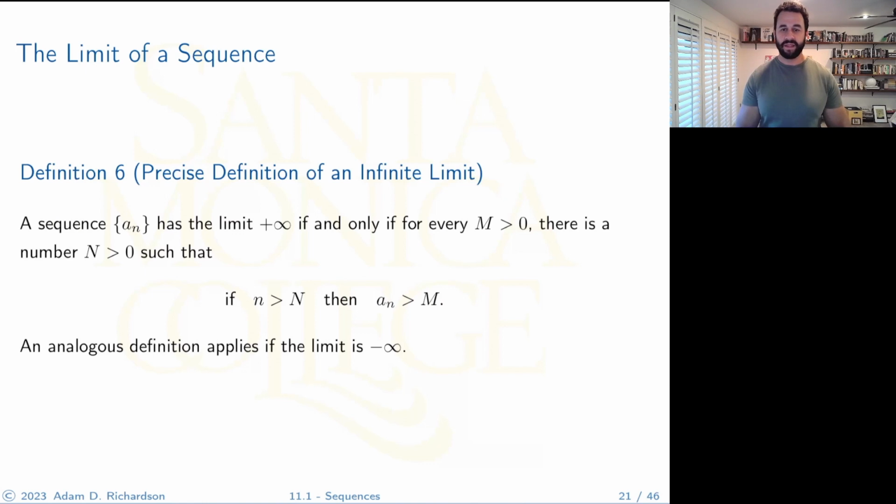That's what it means. And we say that the sequence has the limit positive infinity if we can do that for every possible gargantuan number that you can imagine. So you keep imagining bigger and bigger numbers, and I keep finding a place in my sequence where once I'm past it, I'm bigger than that number you gave me. That's what it means to have an infinite limit. Everything's getting pushed up and up and up and up.